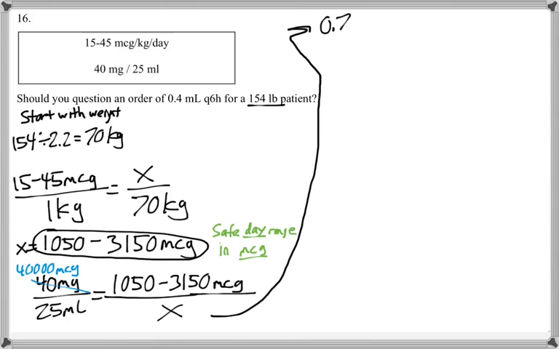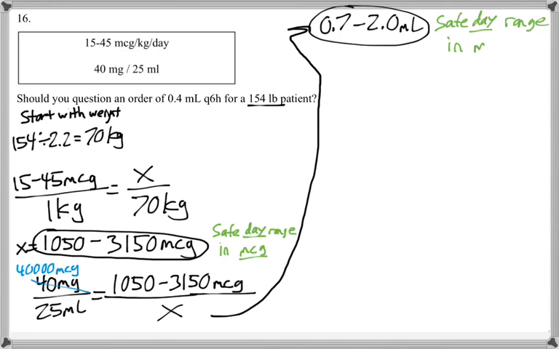And if I round that to the nearest tenth, it'll be 2.0. So this is the safe day range in milliliters.